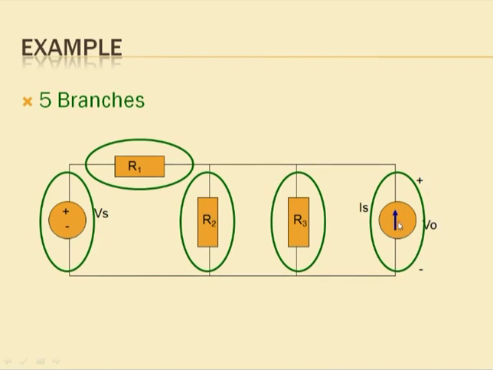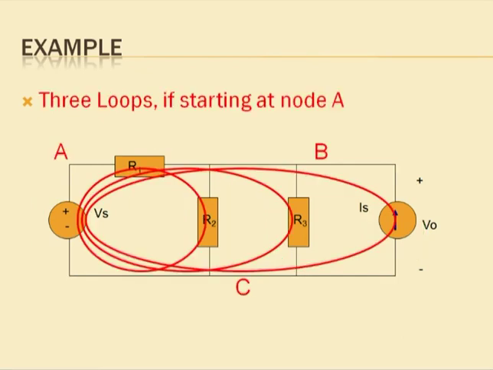Generally, as per our standard nomenclature, we are considering the upward direction of the arrow as the positive polarity and the remaining terminal of the current source as the negative polarity. So that is the thing that you have to remember. Okay, so now the third circuit definition that we had, that is the loops.